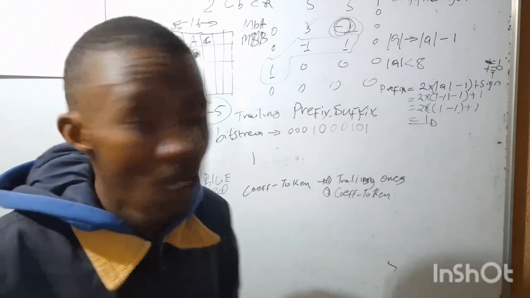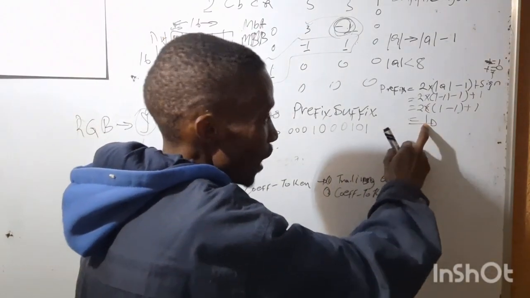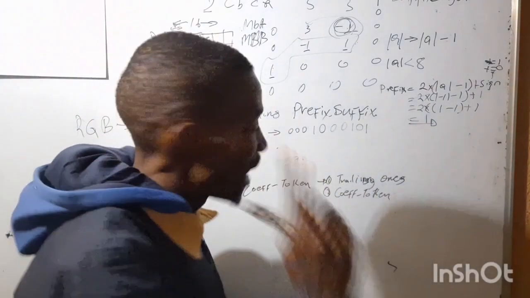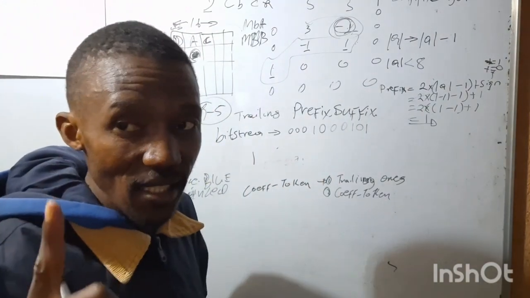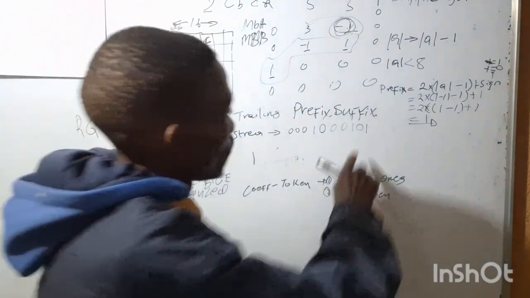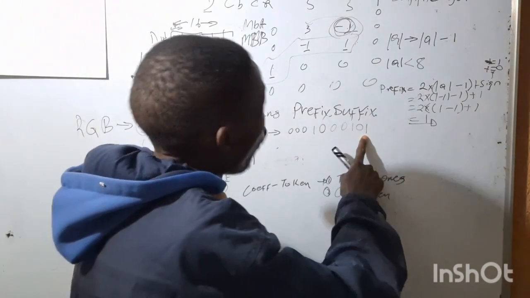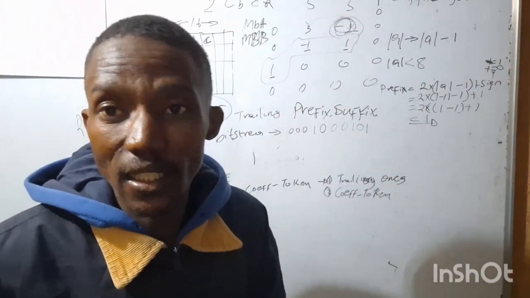Does that make sense? Because here we have one 0 that precedes a 1. So this 0 1 encodes that negative 1.